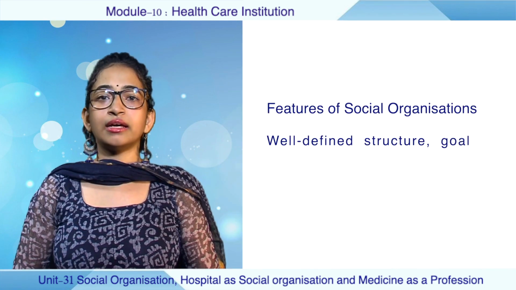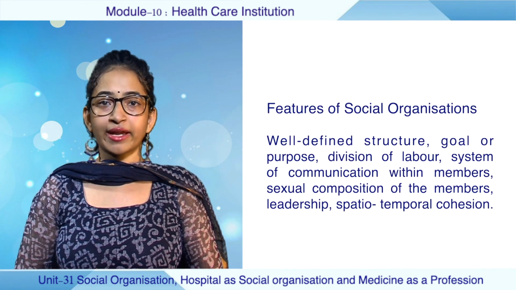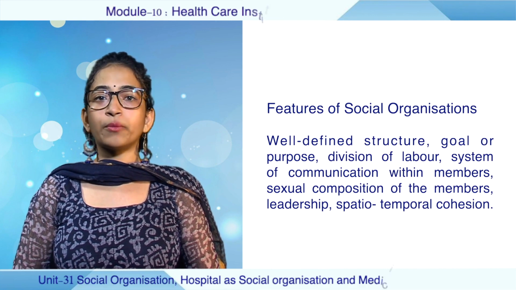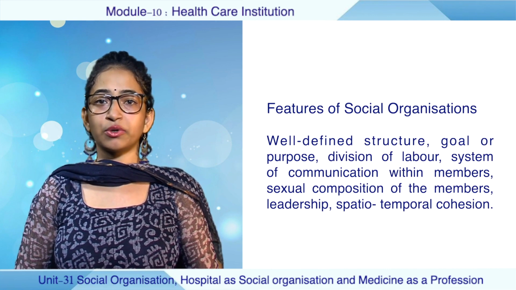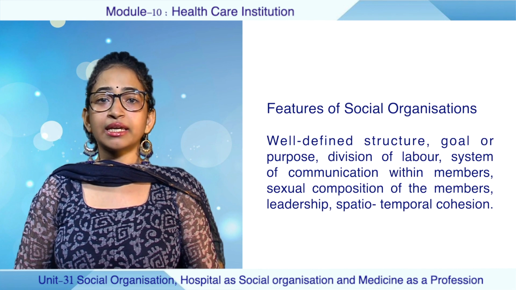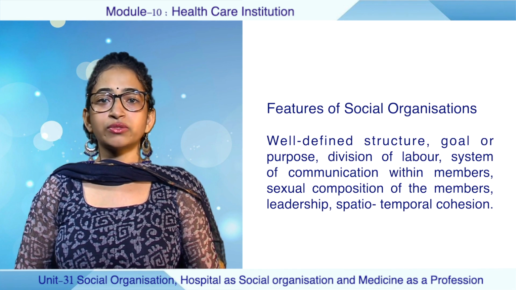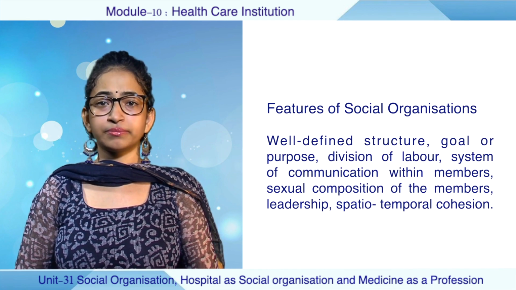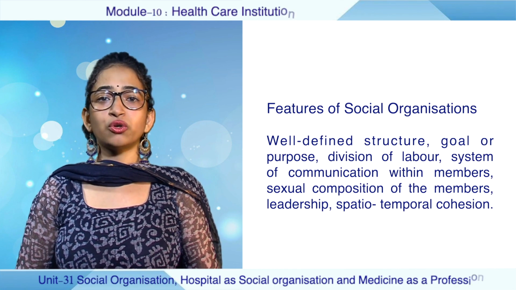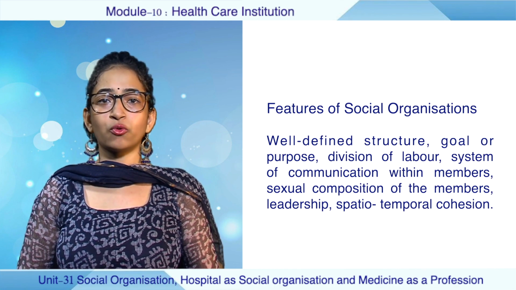There are various characteristics or features of these social organizations. These include a well-defined structure, goal or purpose, division of labor, system of communication within members, sexual composition of the members, leadership, spatio-temporal cohesion, and many more.